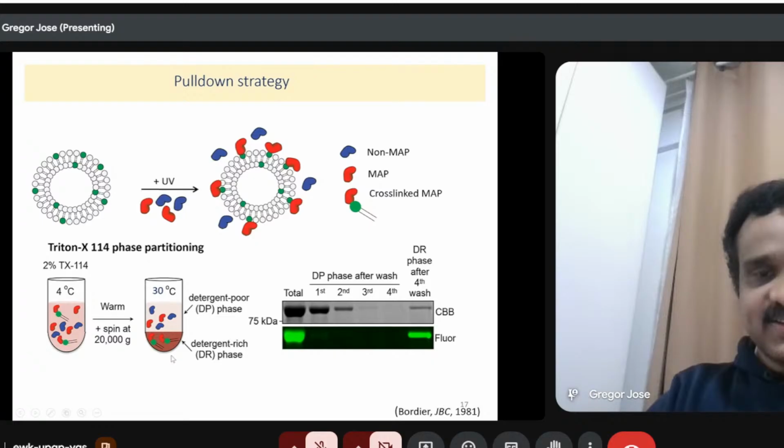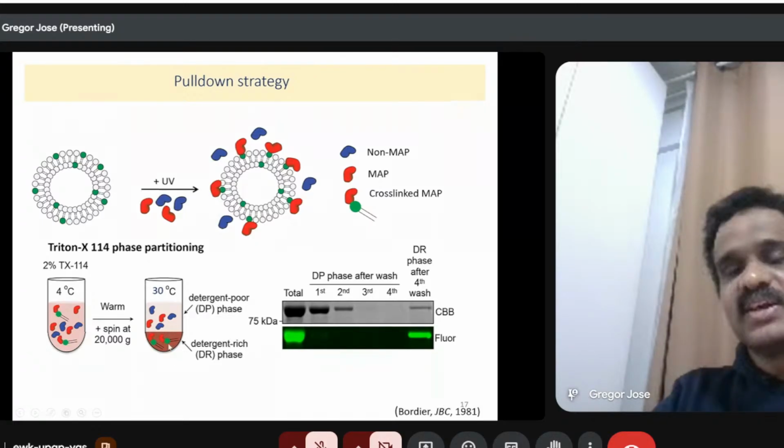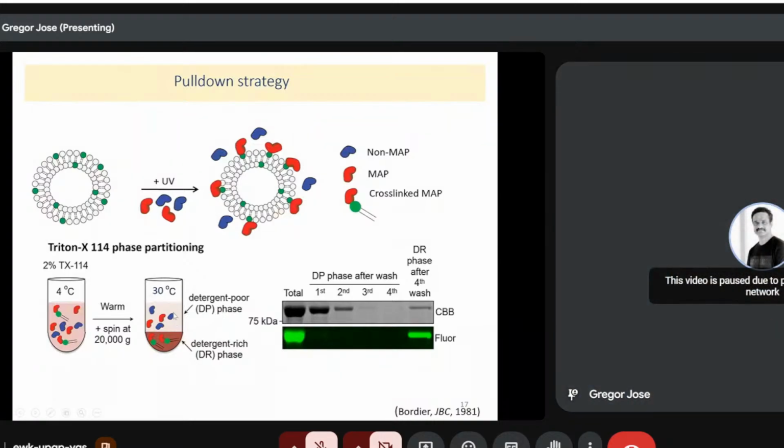The detergent-rich layer takes all the hydrophobic part, and the detergent-poor layer will have the non-hydrophobic part. The idea is that if the cross-linking happens and the protein binds with the lipids, it becomes more hydrophobic. And when you do this phase separation, you'll have more proteins present in the detergent-rich layer of the tube. In that way we can isolate those which are interacting with the lipids. This is the idea, pull down.